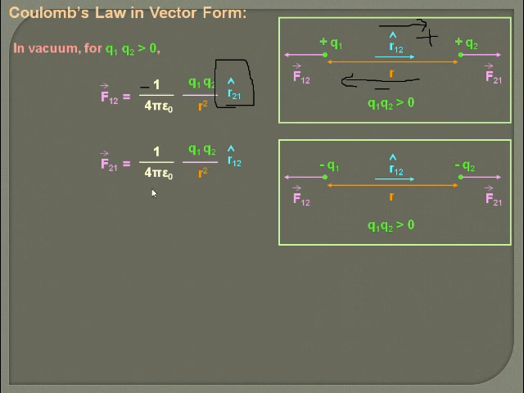F21 is 1 by 4 pi epsilon naught q1 q2 by r square times r12. Since we are considering this direction as positive, we will place a positive sign in this expression. I hope this is very clear to you.